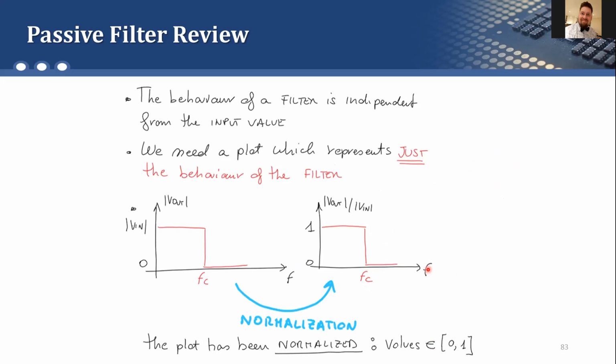Remember that when I use f or omega it's the same thing, because they are proportional by a 2 pi constant. So sometimes you will hear me say frequency and write omega, or say frequency and write f. It's the same, just a different proportionality constant.